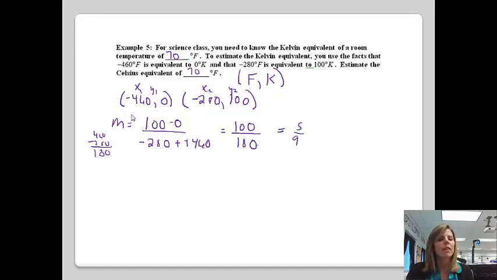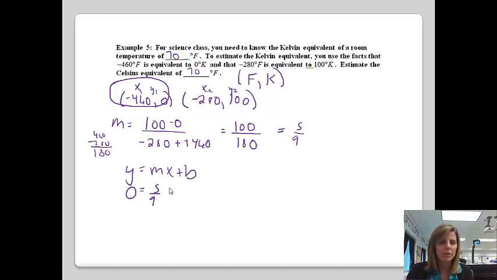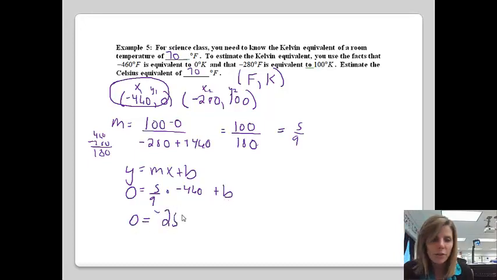Okay, and then from here, I'm going to pick one point. I'm just going to pick the first point. So I'm going to have y equals mx plus b. I know that my y value in this specific problem would be 0. My m is 5/9, my x is negative 460, plus the b. Now I'm going to have 0 equals negative 255 and 5/9 plus b.